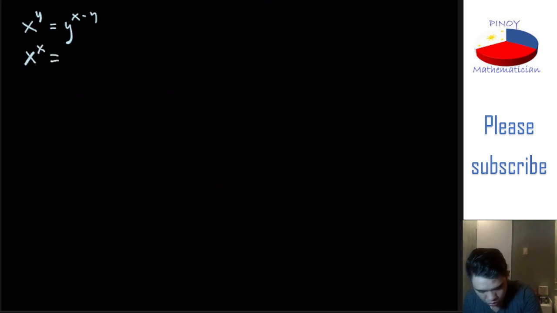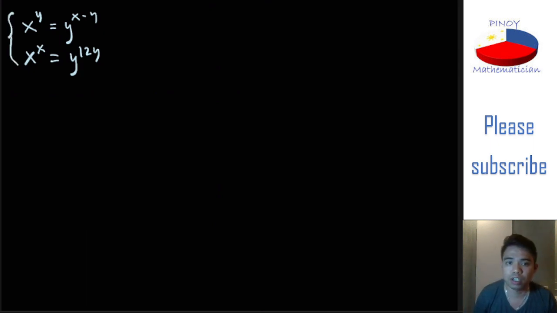The equations are like this: x to the power of y equals y to the power of x minus y, and the other one is x to the power of x equals y to the power of 12y. So this is a system of linear equations.